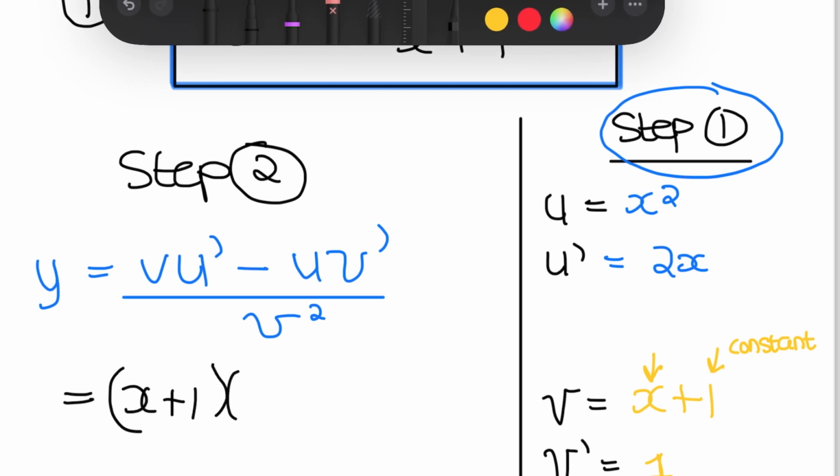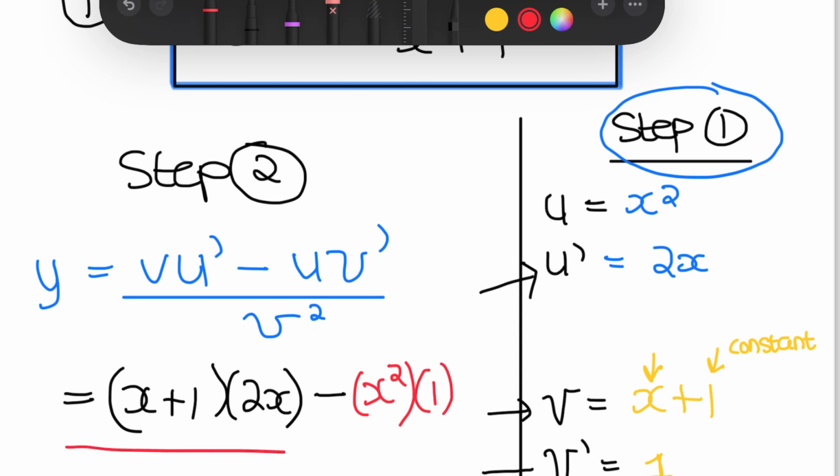My u prime is equal to 2x. And notice how I'm simply getting it from the list that I already created for myself earlier. Minus my u, which is x squared, and my v prime is just 1.